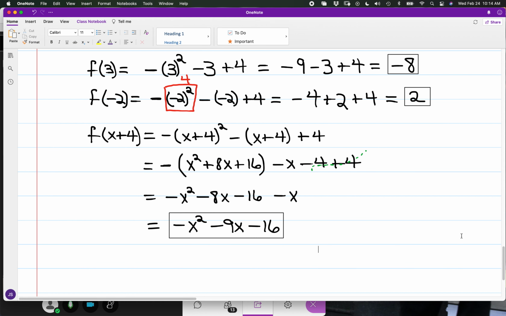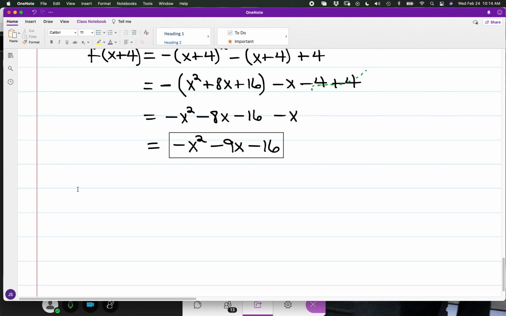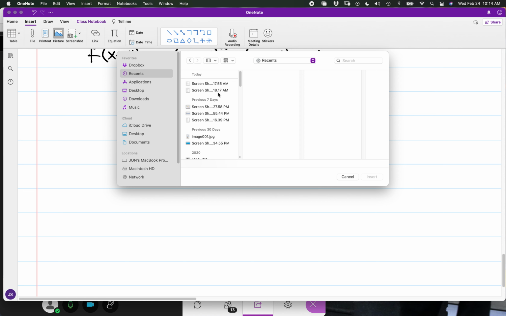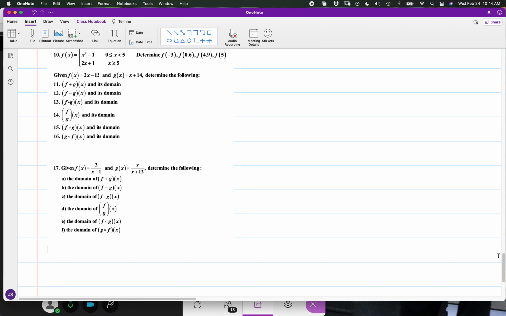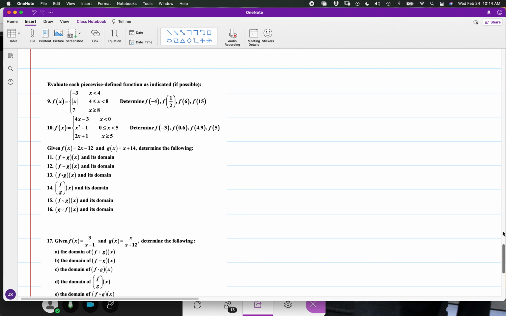All right. Now for what we have on the second page, for number 9, we have piecewise defined functions.